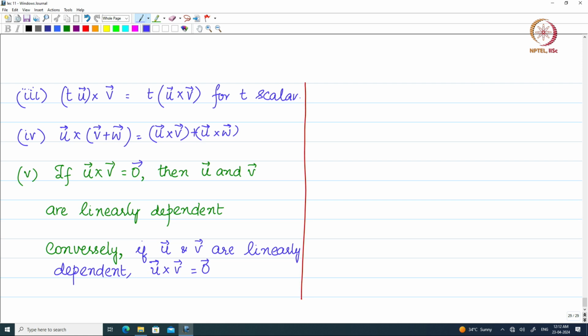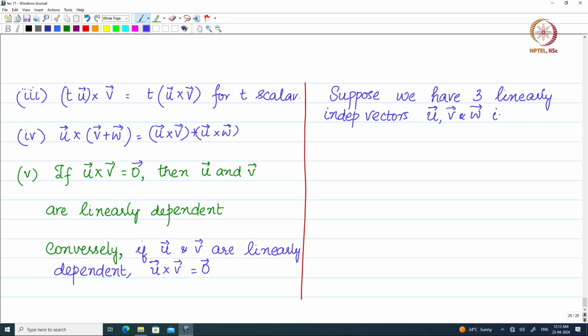Now, we have been talking about just 2 vectors. What we want to do is, suppose we are given 3 linearly independent vectors u, v and w in R3.